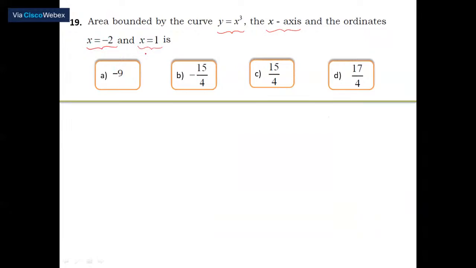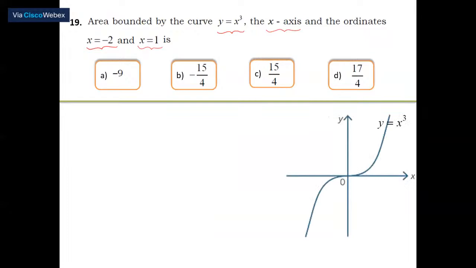So first let us consider this curve y is equal to x cube on our xy plane. Then the x-axis we already know, that we already have in our xy plane. Then the ordinates x is equal to minus 2 and x is equal to 1.